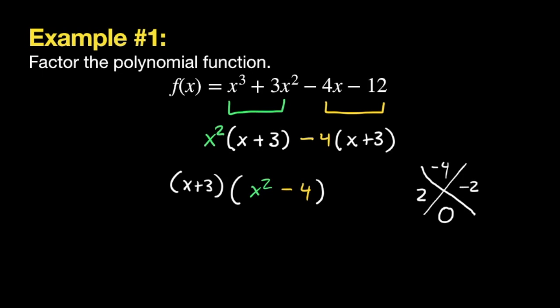That means that the factors for this section is going to be x plus 2 and x minus 2. We're just bringing the numbers from the diamond. And that's your answer. We needed to find the three factors. These are the three factors.